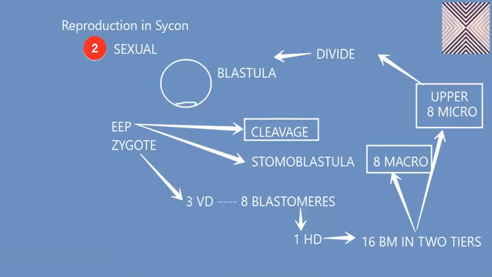This is a kind of blastula which has a mouth on the lower side, and the mouth is surrounded by cells which are the macromeres. So here we have the 8 macromeres on the periphery of the mouth. And this part is all composed of micromeres, because the micromeres have divided into many cells.